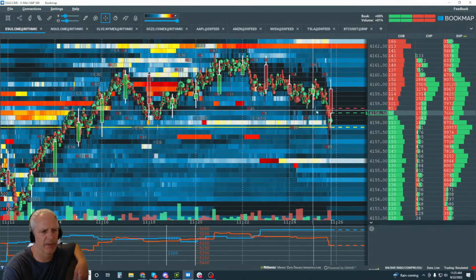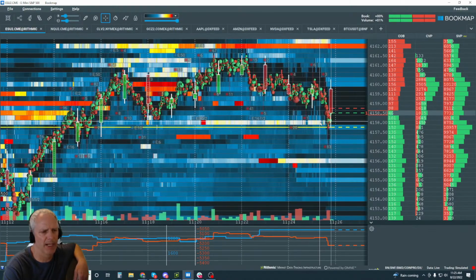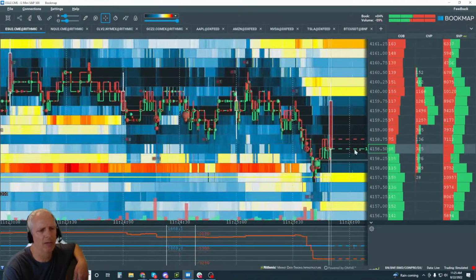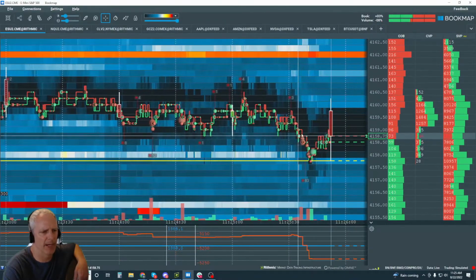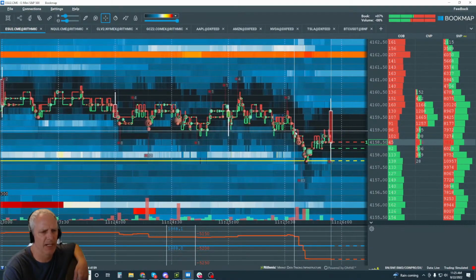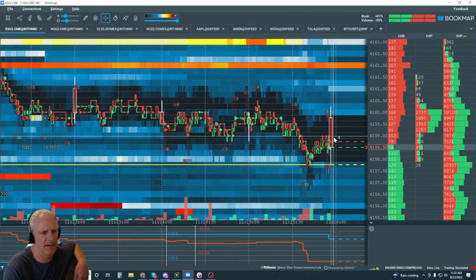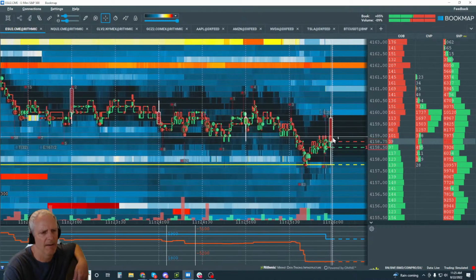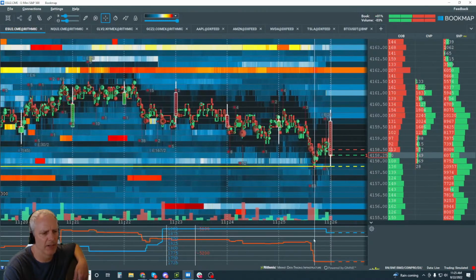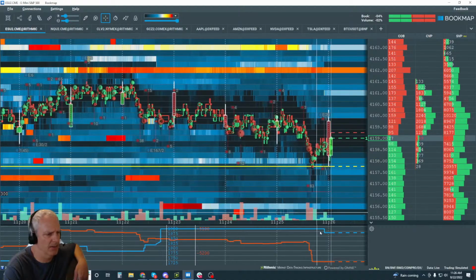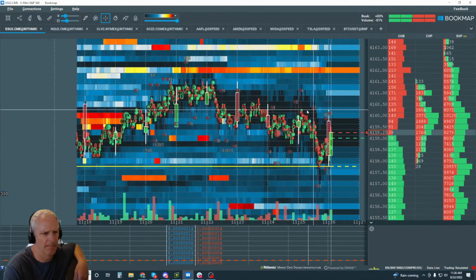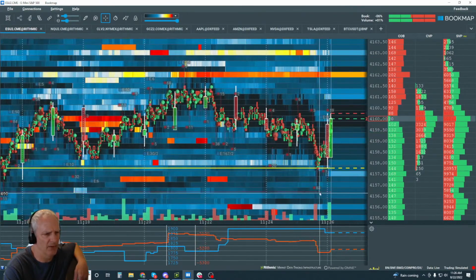But let's see this. If this is just a false breakdown here, what we look for in a false breakdown is buyers back up above here, above 59. Okay, can they do that? Let's see. And then looking for a hand over fist here. Another stop run here. Nice. Okay, 83 here on the stop.